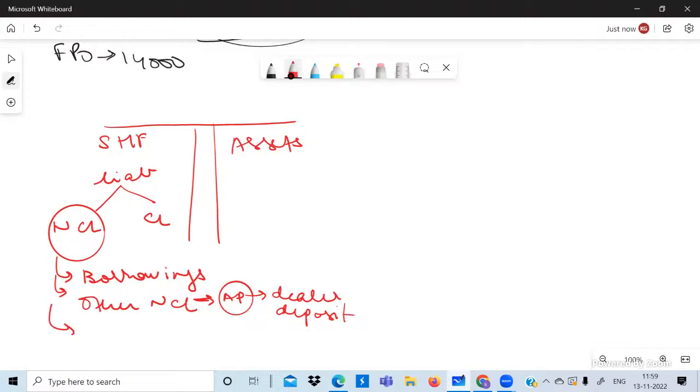Then you could have things like gratuity, because gratuity is something that you pay to your employees after they complete, let's say, 5 years in the company. Pension funds, all of that, will be examples of other non-current liabilities. Again, something that you have to pay after 1 year. So any doubt with non-current liability before we look at current liability?